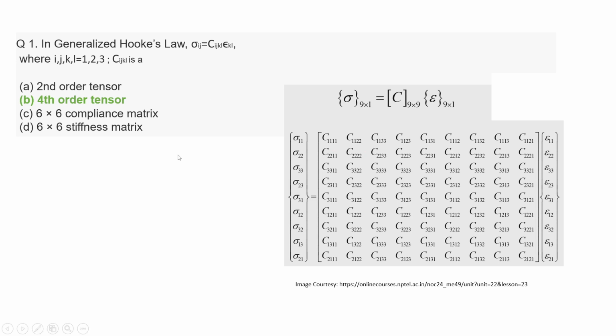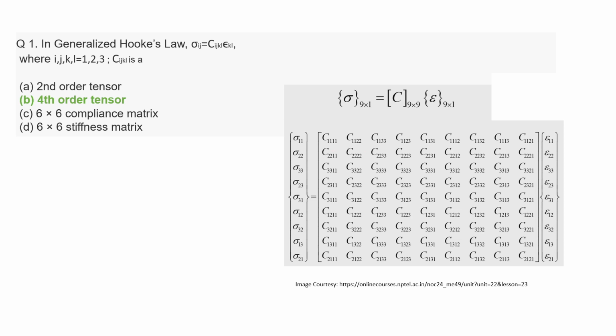So the compliance or the stiffness matrix that we get are from 9 stresses and 9 strains. So this gives a relation between 9 stresses and 9 strains. The number of correlations between this stress and strain will form 81 independent constants. This tensor is defined as 3 to the power n, where n is known as the order of the tensor.